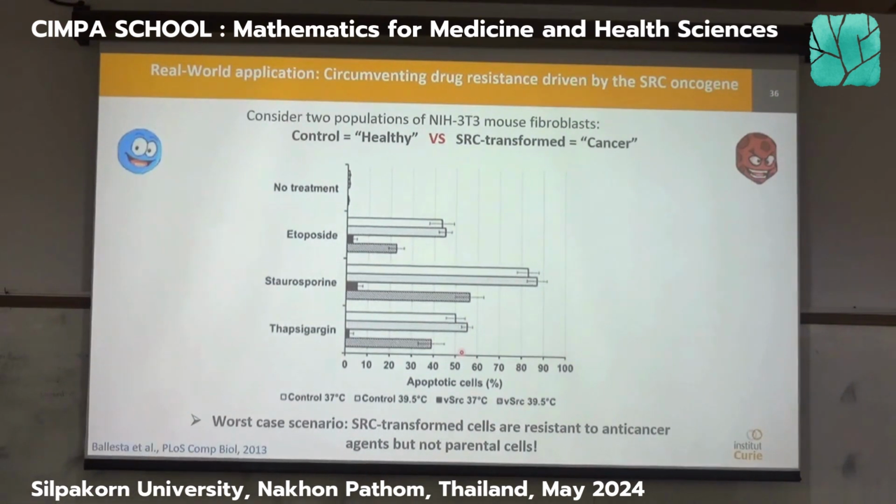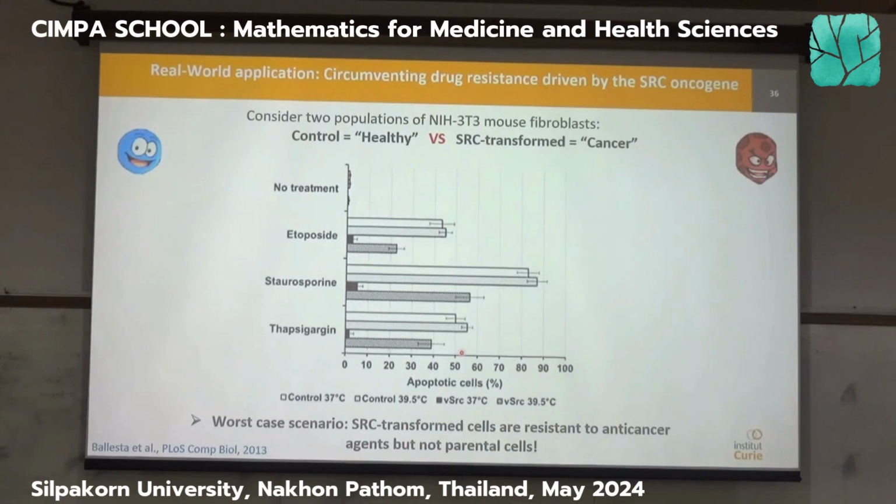Okay, so we are interested in this oncogene, which is called Src. Src is often mutated, so overexpressed, in cancer cells. And the biologists, our colleagues in Lyon, in France, wanted to reproduce this in vitro. So now we have two cell populations. Again, we are in petri dishes, okay?